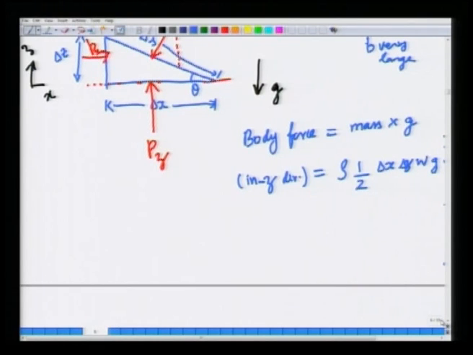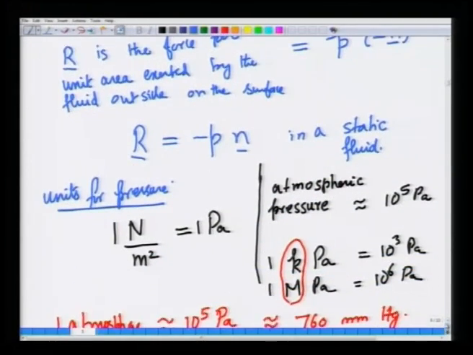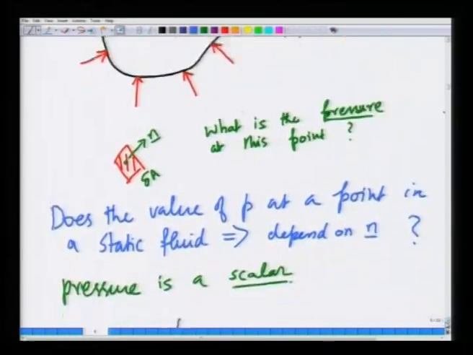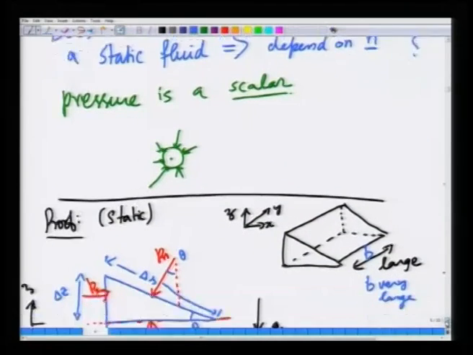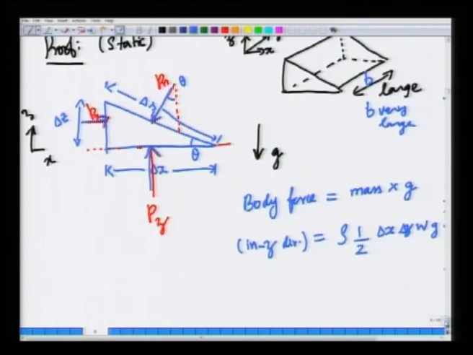Along the other surfaces, forces are acting the way we have shown here on the 3 faces. The surface forces are acting along the 3 faces like this. Now let us do a force balance.